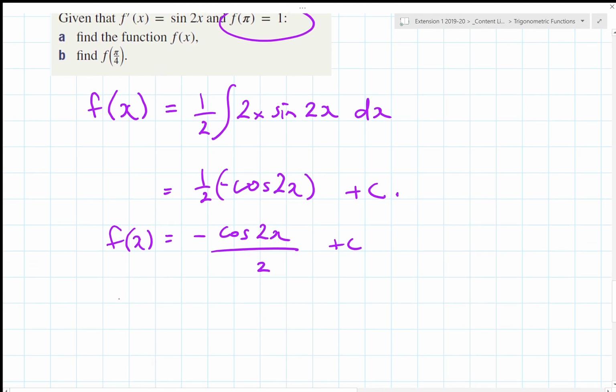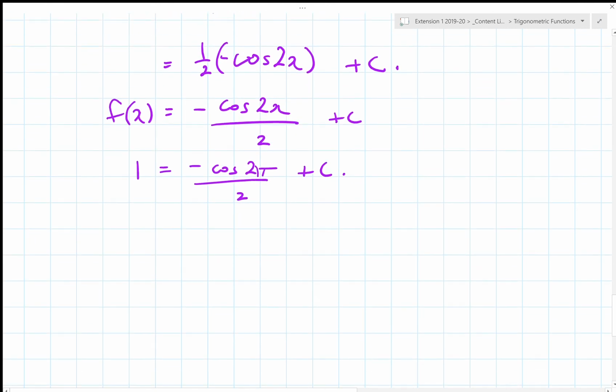So 1 equals minus cos 2 pi over 2 plus c. So cos of 2 pi is 1. Minus a half plus c. c equals 3 over 2. f(x) is that.